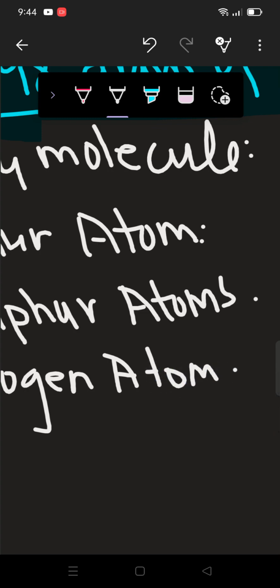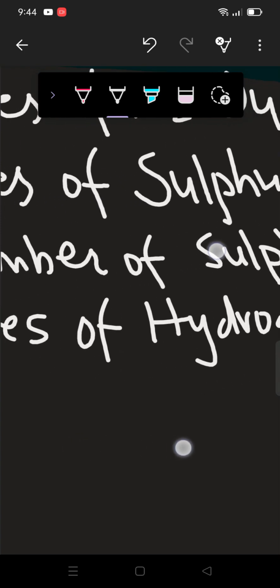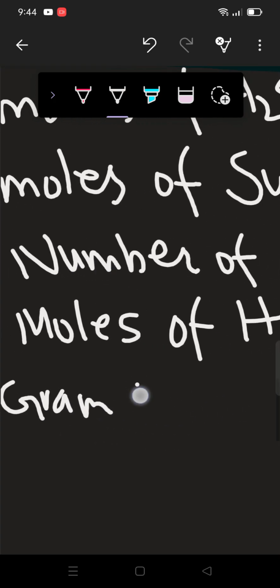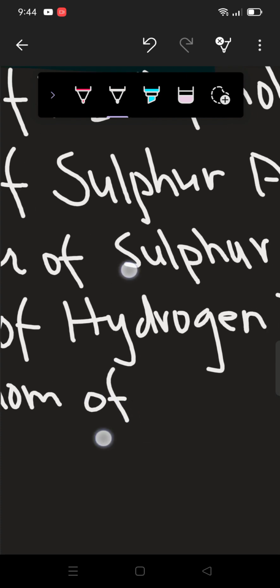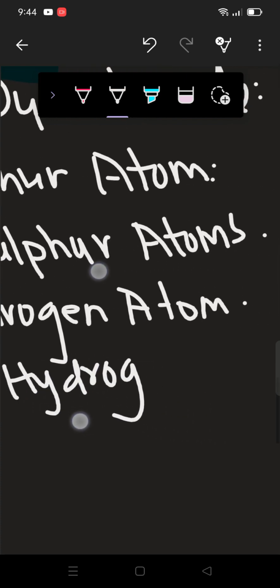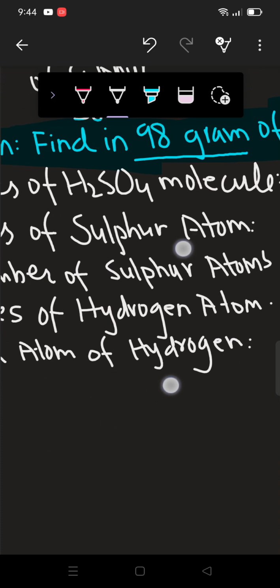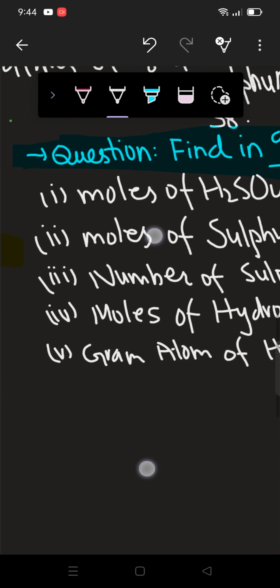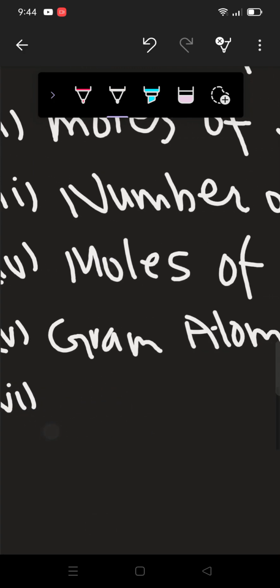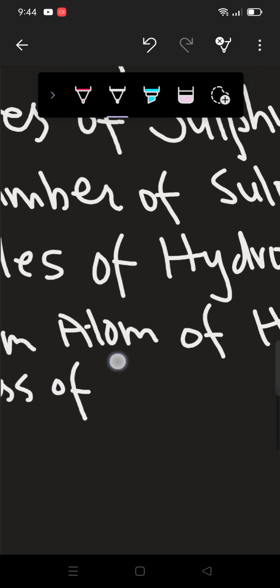Fifth, we need to find the gram atom of hydrogen. Sixth, we need to find the mass of sulfur atom.